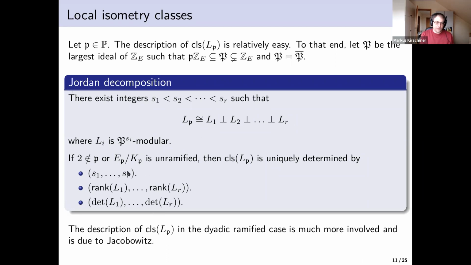And now the set of these s_i that show up in this decomposition, together with the ranks of these modules and the determinants of these Hermitian lattices, actually form a complete set of invariants that describe the isometry class locally completely, unless you're in some special weird case. Okay, let's not go there, but in almost all cases, this is a set of invariants that does the trick. And this is easy to work out.